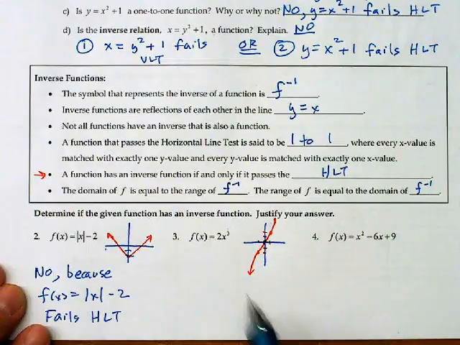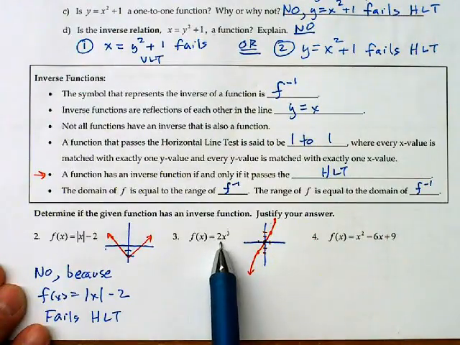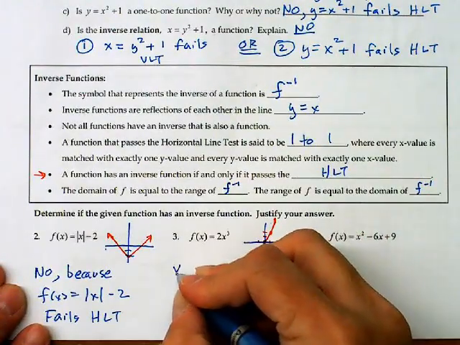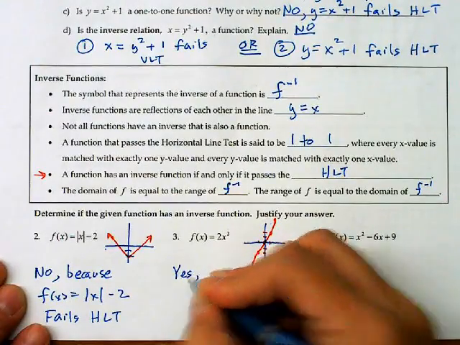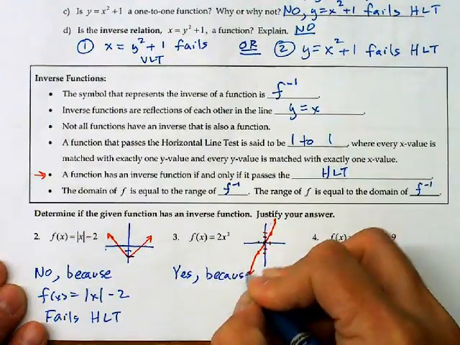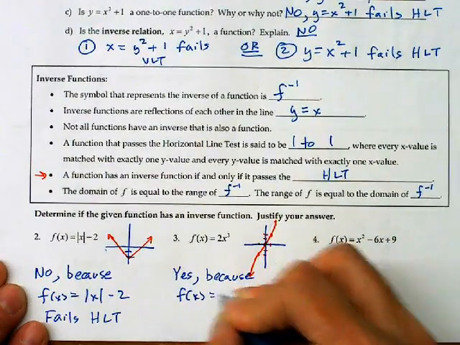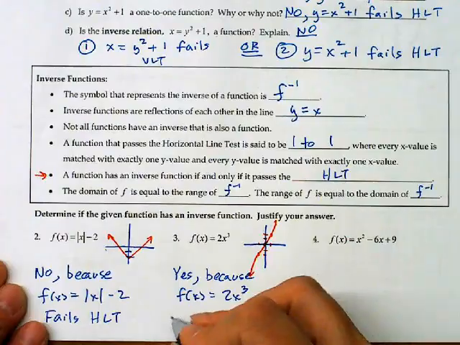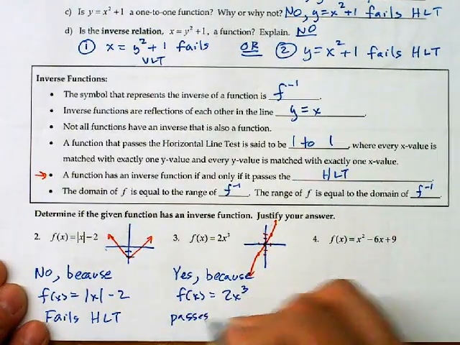So once again, without drawing the inverse of the given function, I already know it will be a function, and that is because f of x passes the horizontal line test.